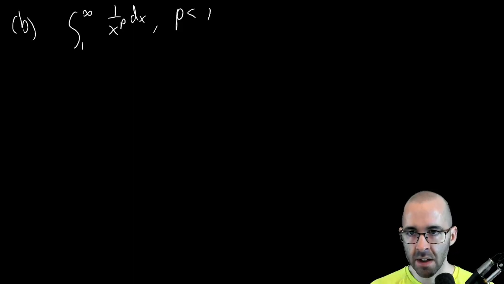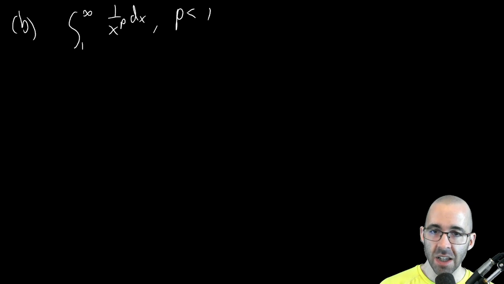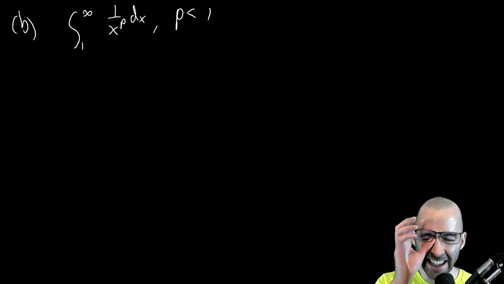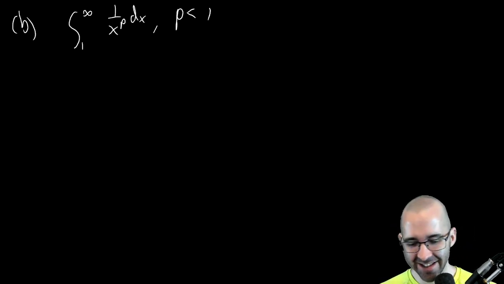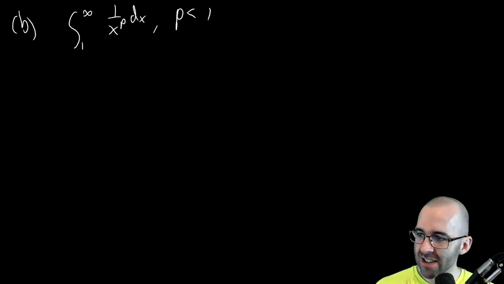Okay. All right. Now this one, if p is less than 1, that means p can be negative. Means p can be a fraction. So what's the deal? Let's look at what's happening here. So, does the example really not tell us whether it's positive or negative?